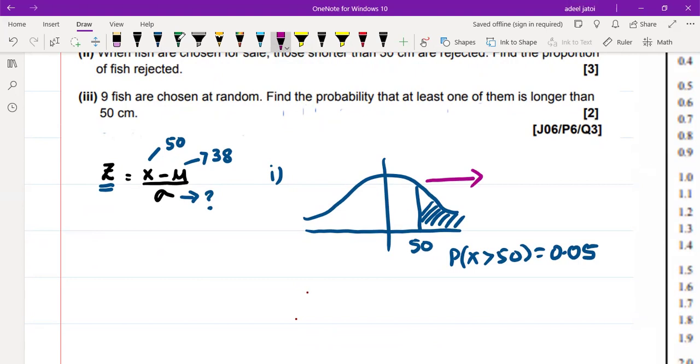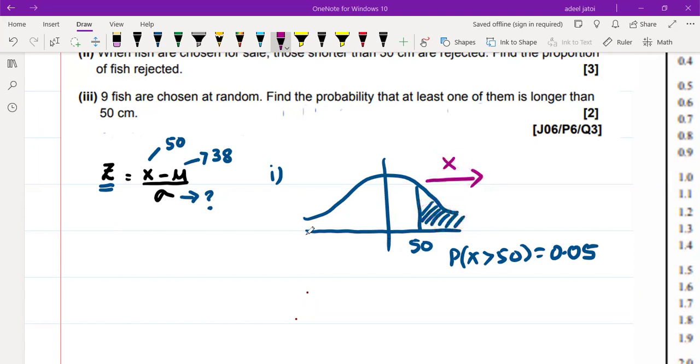So obviously this is useless. This right hand side probability is 0.05, but the Z table does not show me the probability of the right hand side. So this probability is useless.